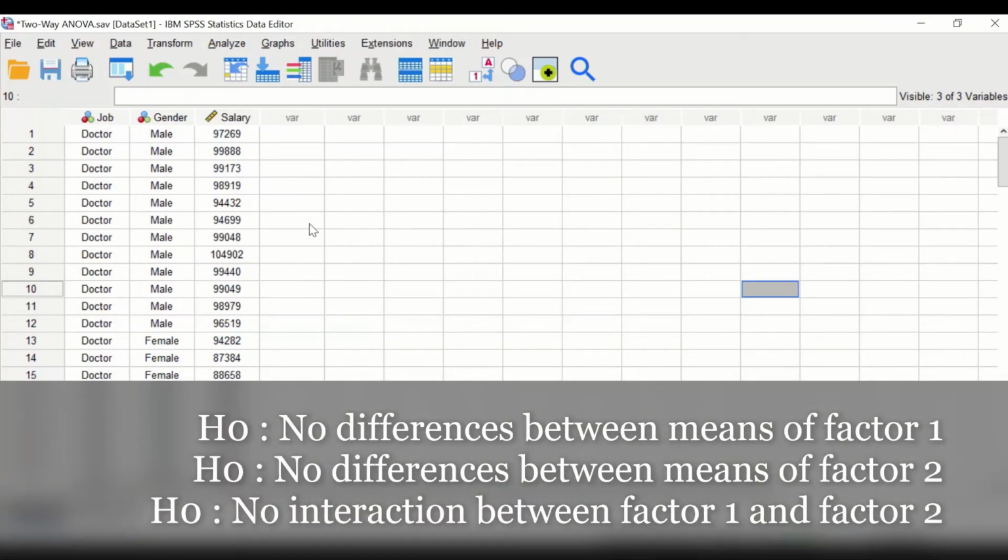The first null hypothesis states that there is no difference in means between groups for factor 1. The second hypothesis states that there is no difference in the mean for factor 2, males and females. And the third null hypothesis, there is no interaction between factor 1 and factor 2.